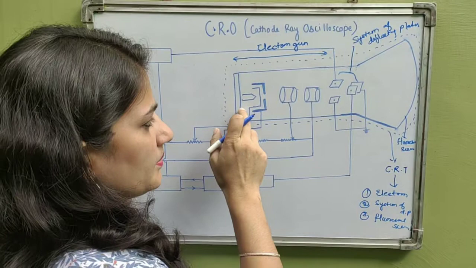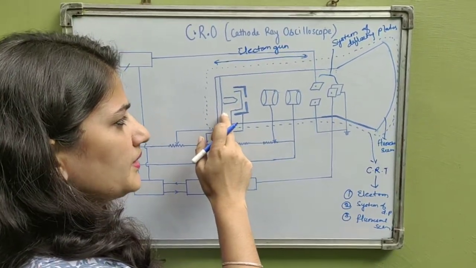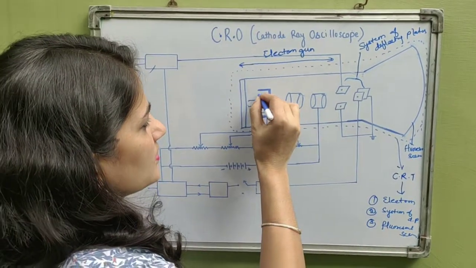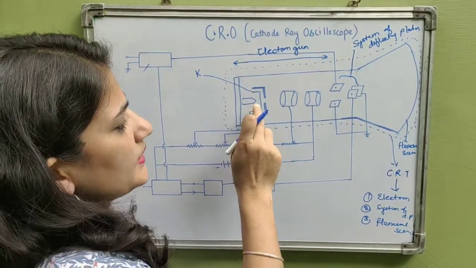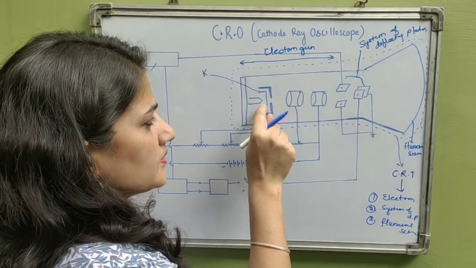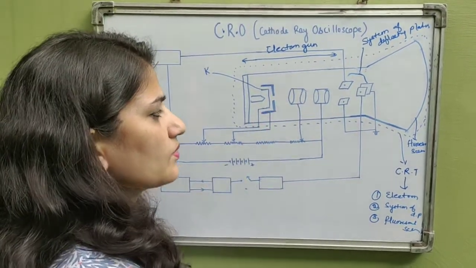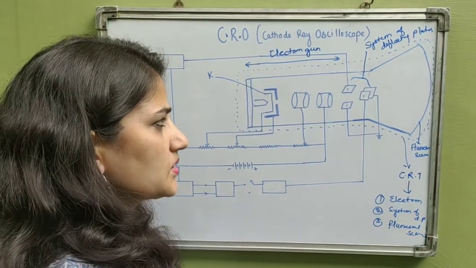This is a heating filament, and when the electric current is passed through it, the heat reaches the nearby cathode. This is the cathode, denoted by capital K. When the heat reaches the cathode, then due to this heat absorption there is emission of electrons. This emission of electrons is due to thermionic emission.